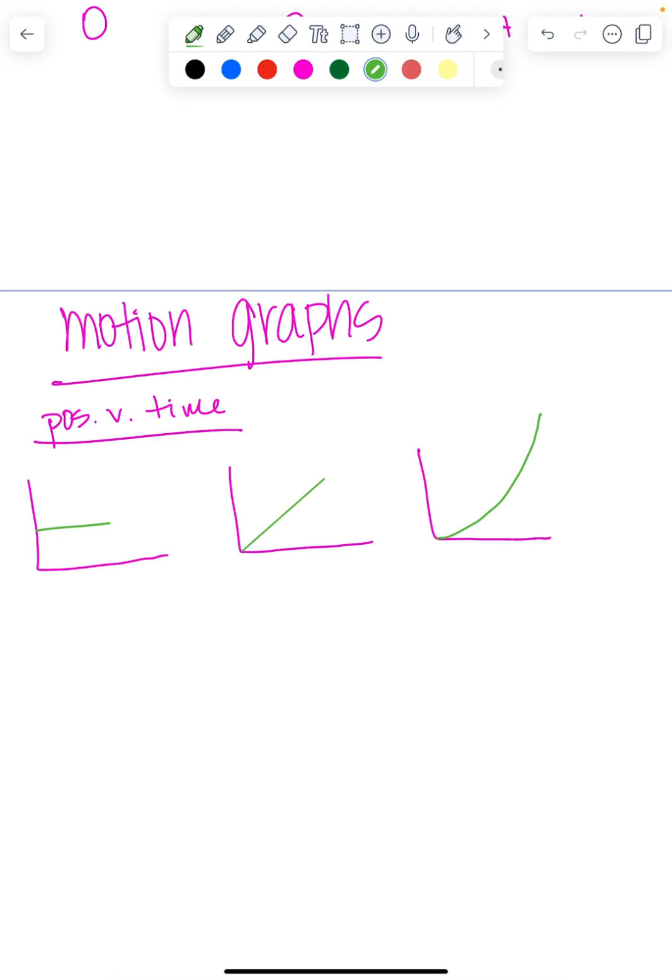Remember that straight horizontal means that your object or your person is at rest. It's not moving. That straight diagonal line means constant motion, but this curved line now means that we have a change in velocity.